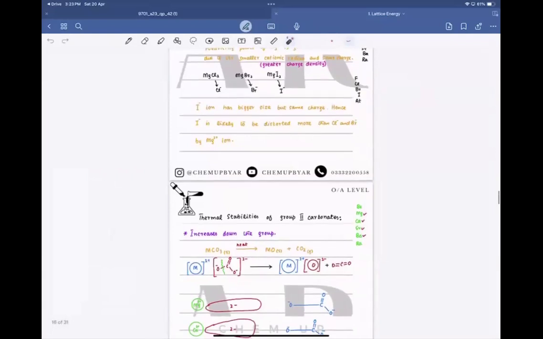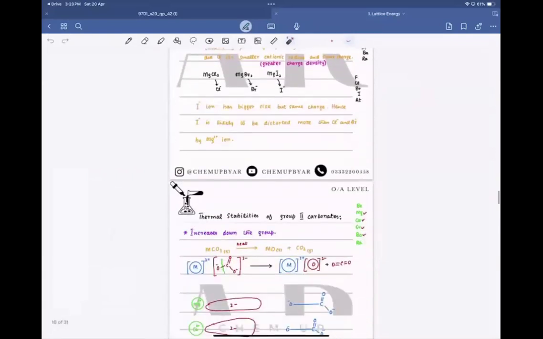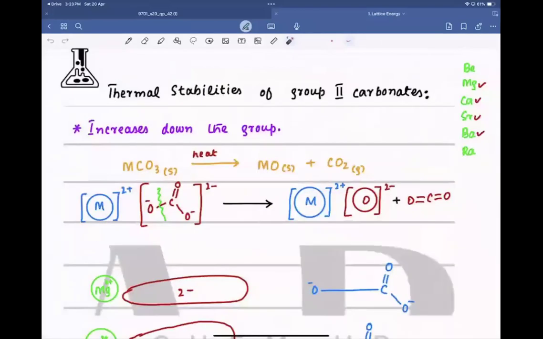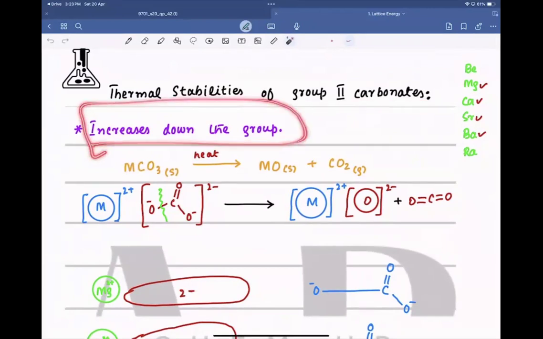So see, that's what we have discussed. See, that is the trend. This trend you have studied in your AS level, and in A2 we discussed that the thermal stability is increasing down the group. So what does it mean? It means that as we move down the group, we need more energy to decompose that carbonate. That's what this means, that the thermal stability increases. So why is this?